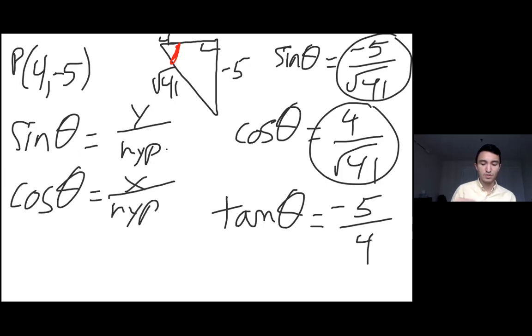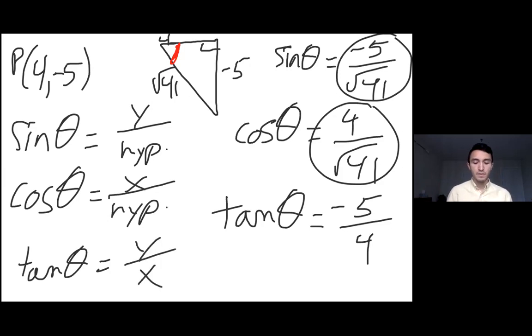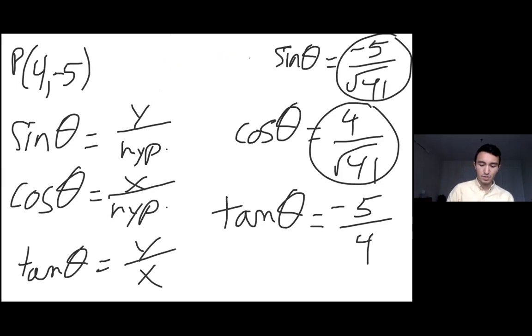And the hypotenuse you have to figure out first, like we did in the other examples. And then tangent is y over x, and does not use the hypotenuse, as we know. Okay, so if you just look at it like that, this is in your book too. This is kind of the shortcut method to do it.